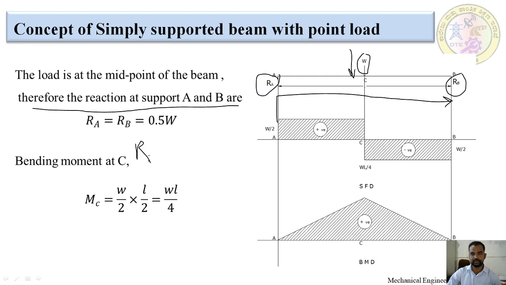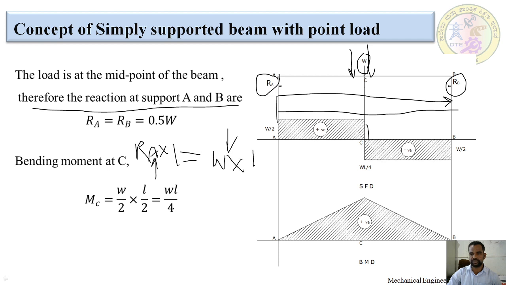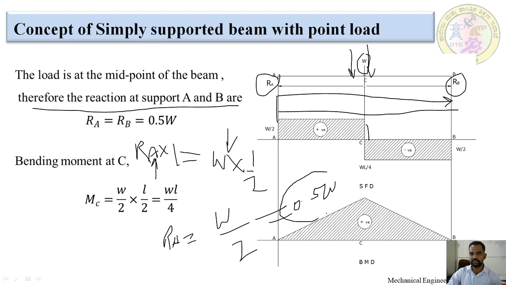RA into 1, because I am taking this length as L, is equal to the upward force, and the downward force is W into half of this, 1 by 2, since the total distance is 1. Now RA is equal to W by 2, which is also written as 0.5 W.